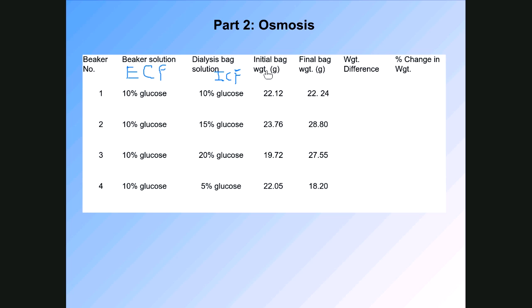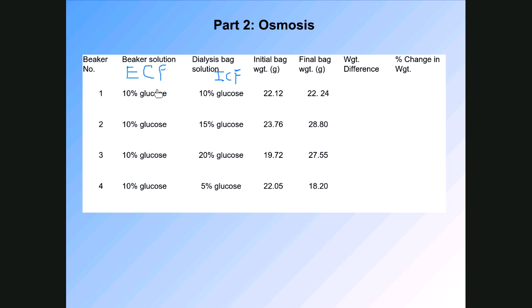If we were meeting in person, you would take out this dialysis tubing, which is flat. You would open it up and clamp one end. To the other end, you would add one of these 4 different solutions, about 5 to 10 mL, usually 5. Then you would clamp the other end of the bag. You would weigh the bag initially in grams. Then you would take each bag and put it in the appropriate solution.